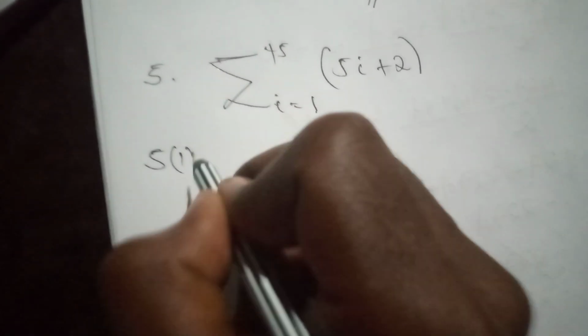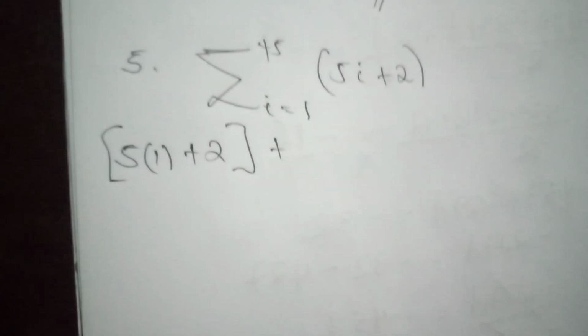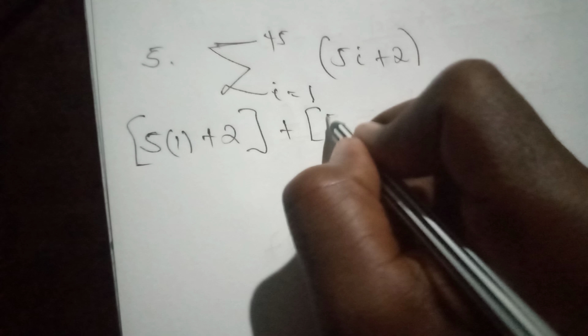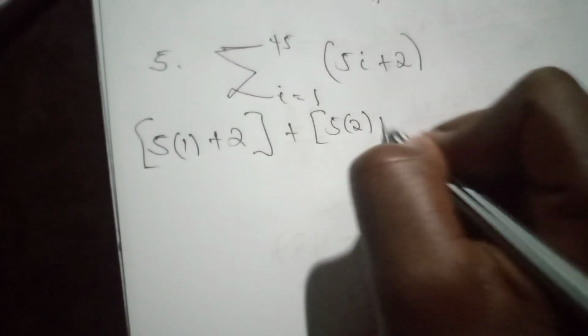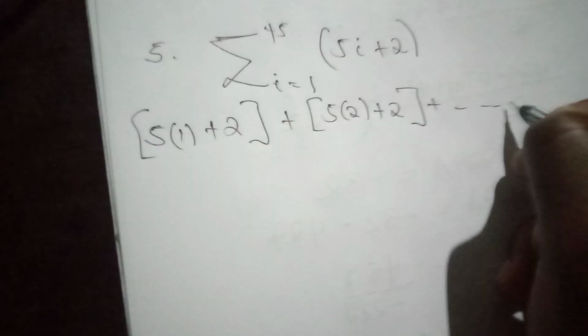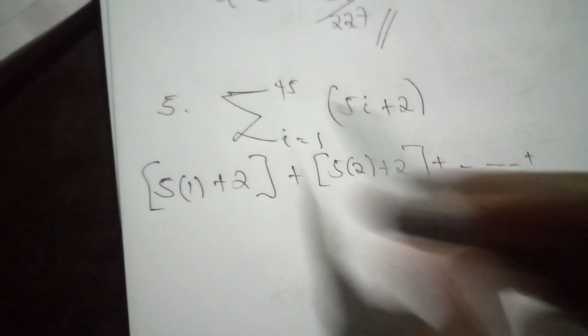So that is 5 times 1 plus 2. Where there is i, replace it with 1, plus, because I'm having summation there, sigma, meaning summation, 5 times 2 plus 2, plus, it can continue, but the last term there should have 45.